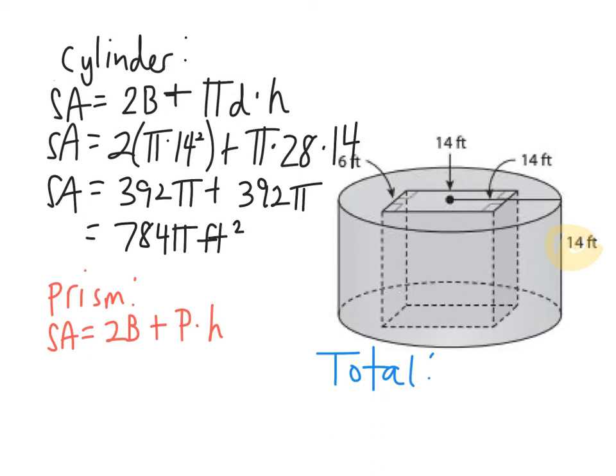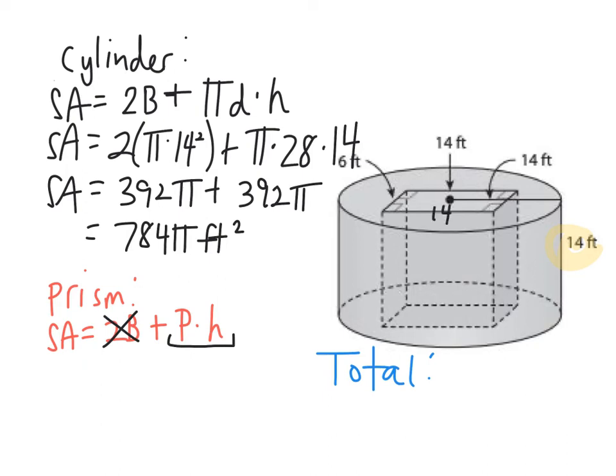Okay, let's take a look at the prism now. Because this prism in the middle of the cylinder does not have bases, we do not have to consider that in our calculation. We really just need the lateral surface area, perimeter of the base times the height. The perimeter of the base is a 6 by 14 rectangle.